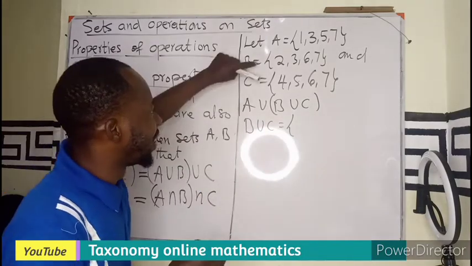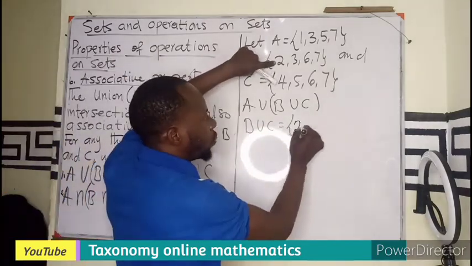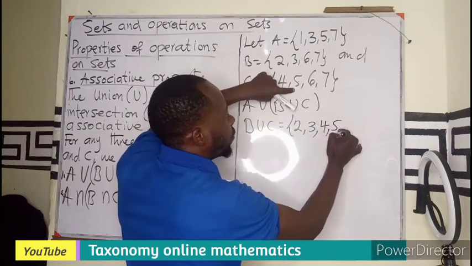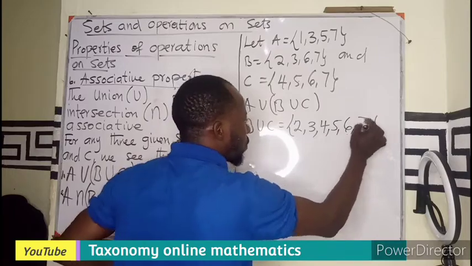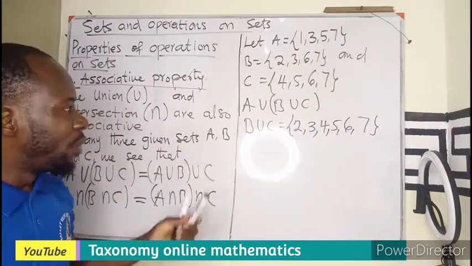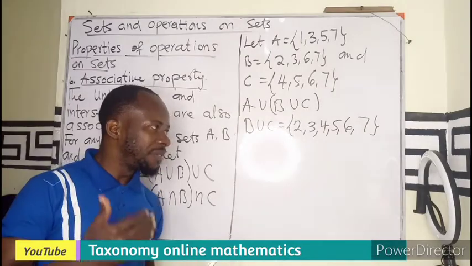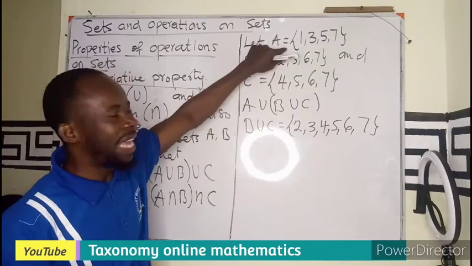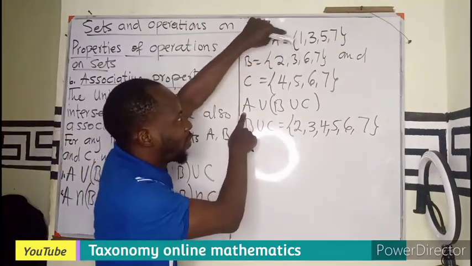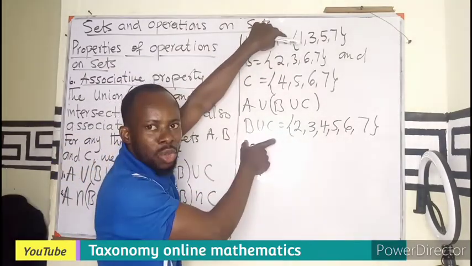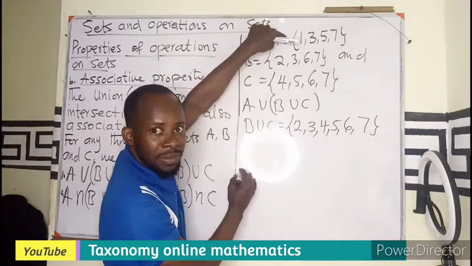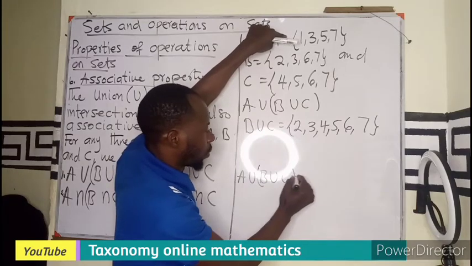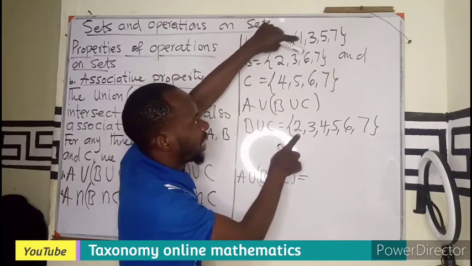So B and C, starting from the smallest, will be 2, 3, 4, 5. So combining the sets B and C, we have 2, 3, 4, 5, 6, 7. Now let's combine the set A with the B union C. Combining this and this, we start from the smallest one.